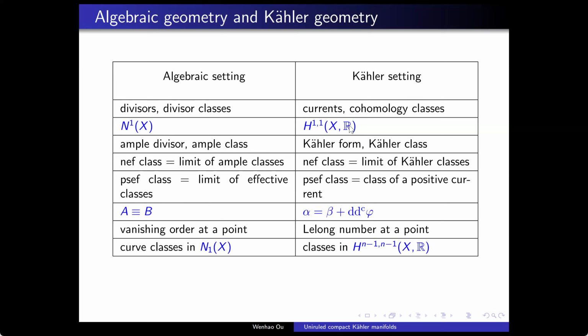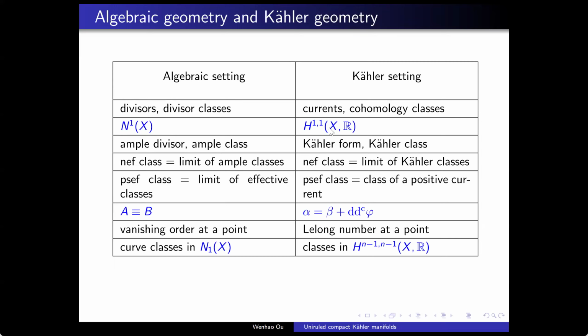In the Kähler setting, we no longer consider divisors, we consider currents. Indeed, every effective divisor gives us a positive (1,1)-current by integrating on the smooth part of this divisor. And we consider the cohomology classes of these closed currents.